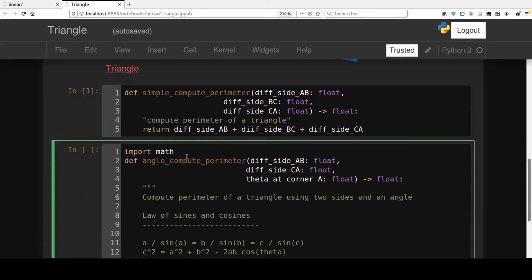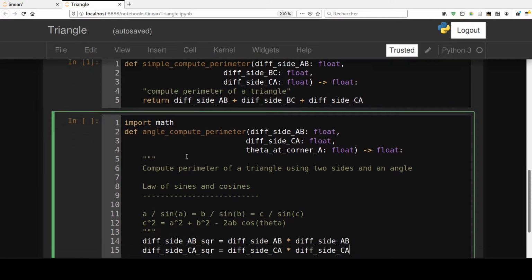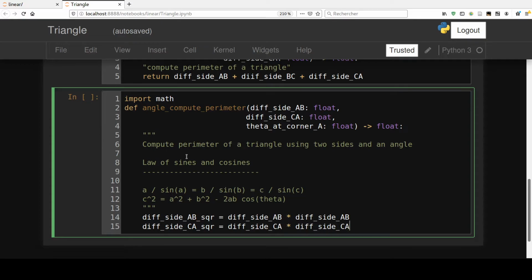So I'm prefixing diff in order to remind the reader or the maintainer or myself that these values don't just come up. They're supposed to be produced at the end of a process.